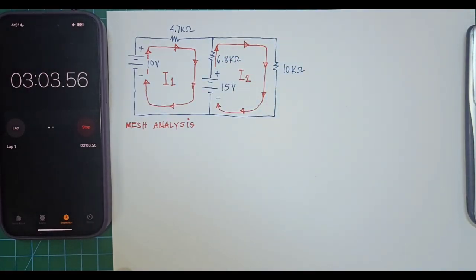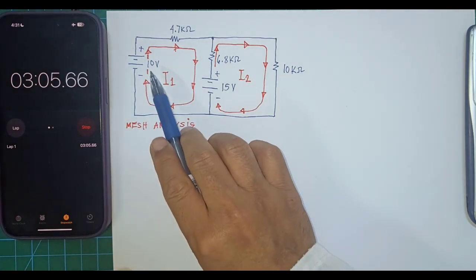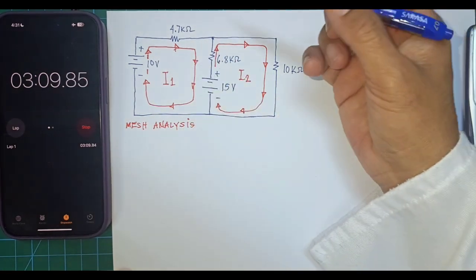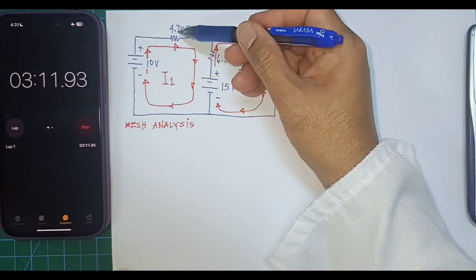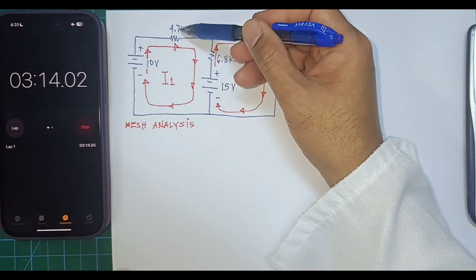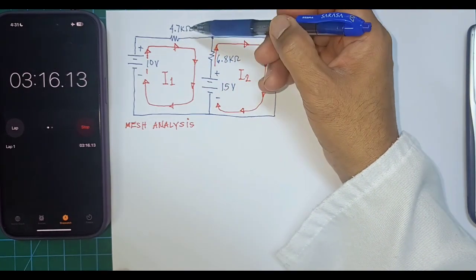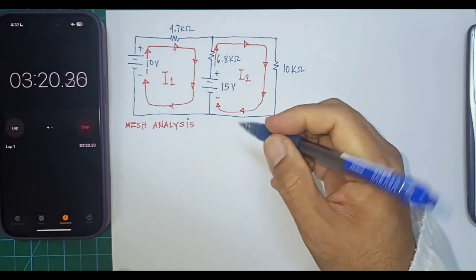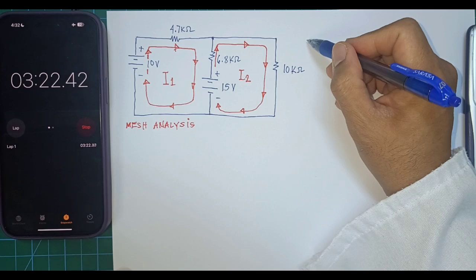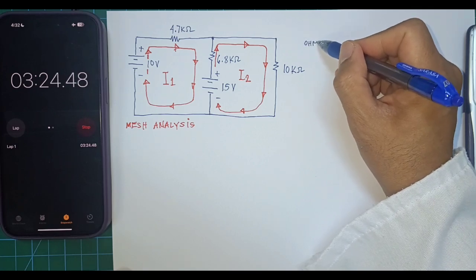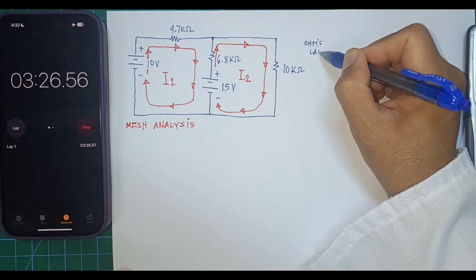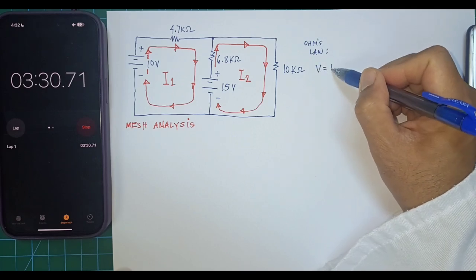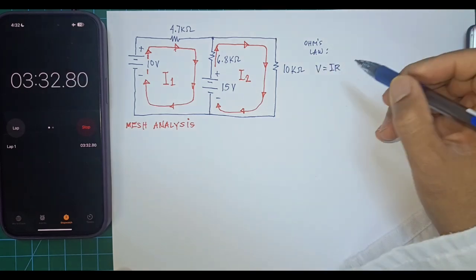I2. Now, the next step is to analyze the circuit by using Kirchhoff's voltage law, where we can say that the voltage on the 4.7 kilo ohm would be equal to the product of I1 and R. Remember that we have the rule of Ohm's law that states that the voltage is equal to the current multiplied by resistance.